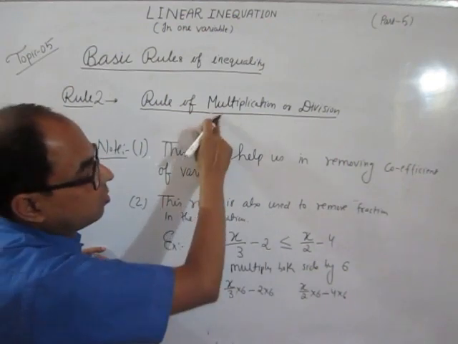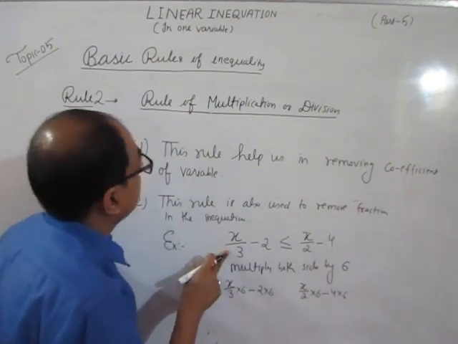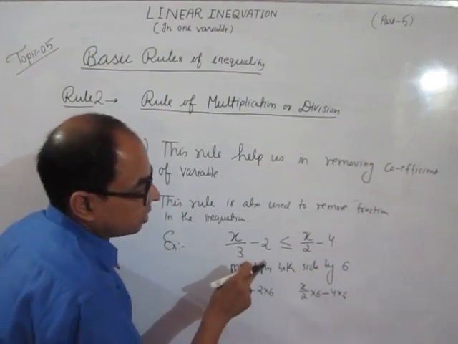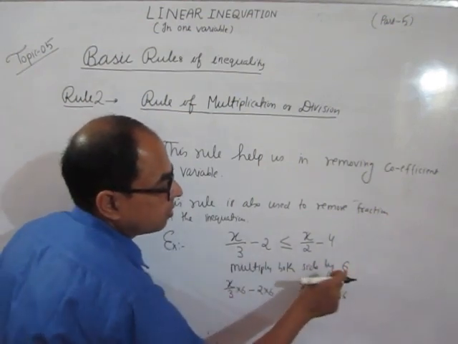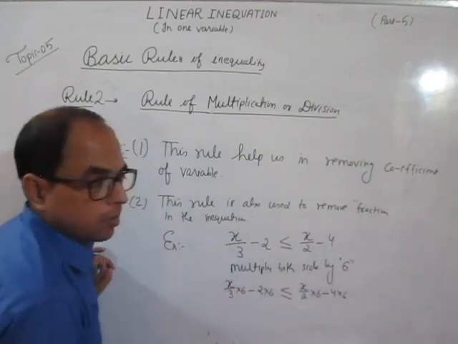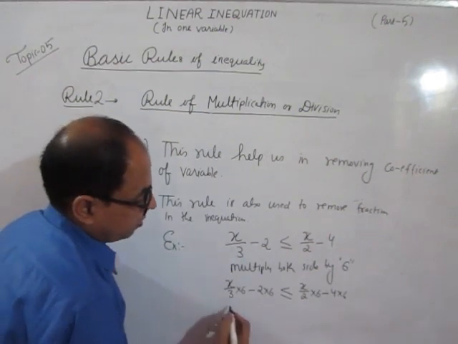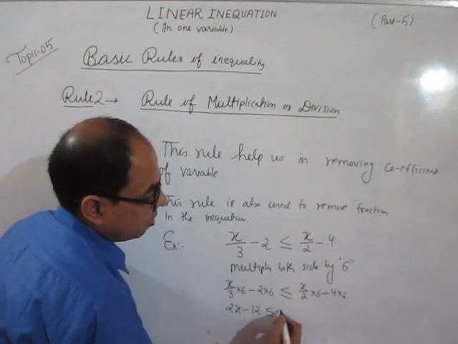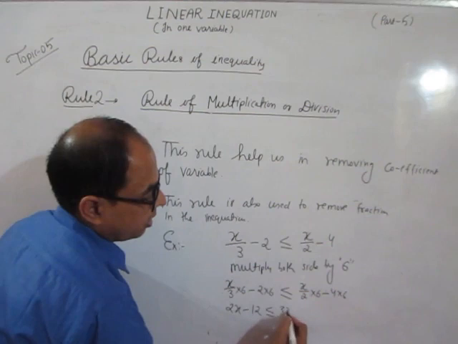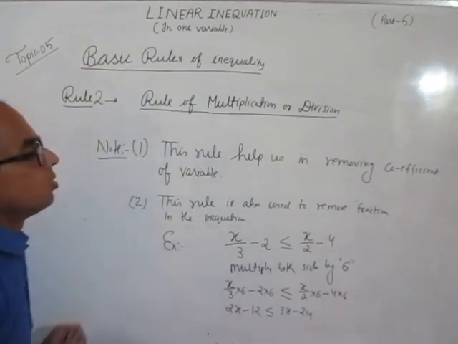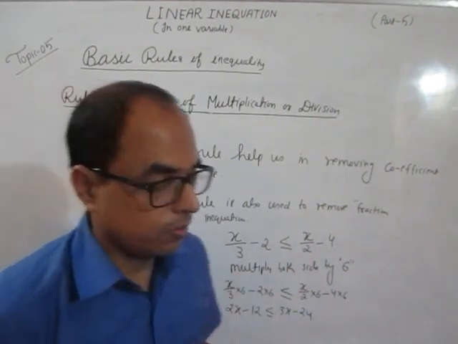And according to this rule, if each term of an inequation is multiplied by the same positive number, then the sign of inequality remains the same. So it will remain the same. So here it is 2x minus 12 less than or equal to 3x minus 24. So this rule is also used to remove fractions.